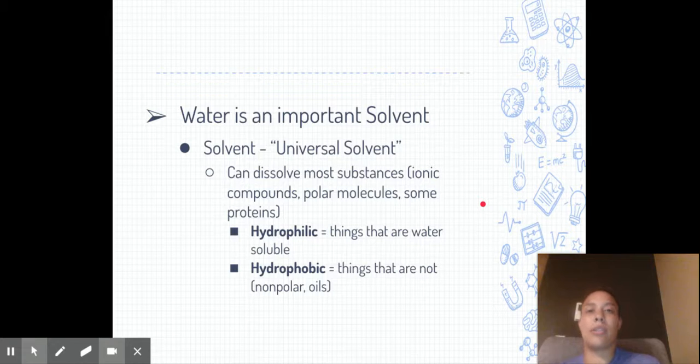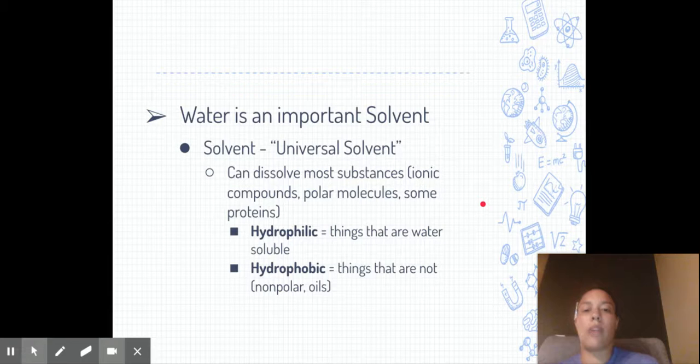We can think of sugars and salts as hydrophilic substances. And then hydrophobic. Phobic means fearing, if you have a phobia, right? So hydrophobic means that you're fearing water. So things like fats and oils would be an example of hydrophobic substances that don't dissolve.